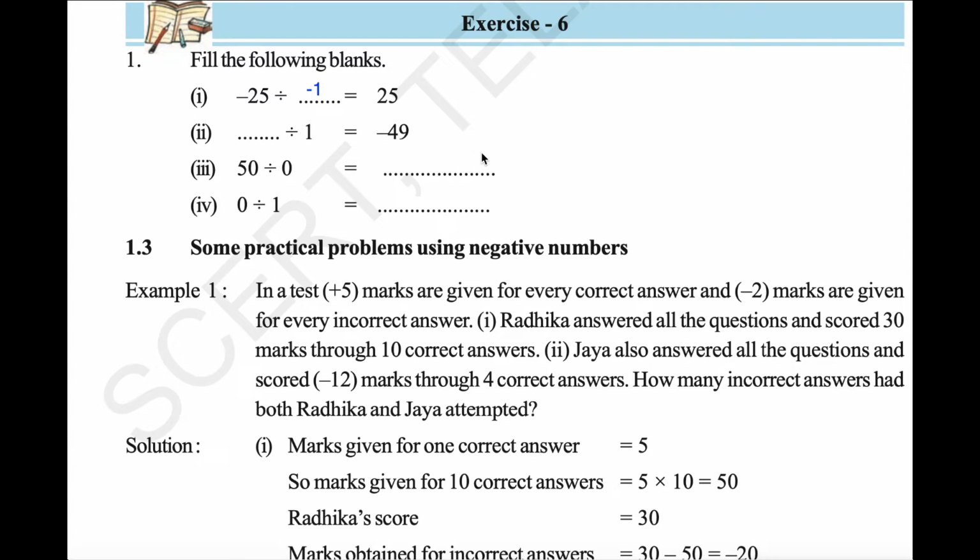Is it not minus 49? Yes, it is minus 49. And this must be minus 49 only. Then only you will get minus 49, right? 50 by 0 is not defined. But what about 0 by 1? It is 0.